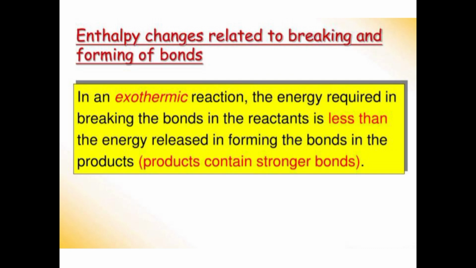In a typical exothermic reaction, products contain stronger bonds, so the energy released in forming the bonds in the product is higher than the energy required to break bonds in the reactant.